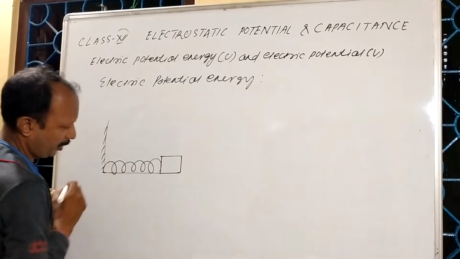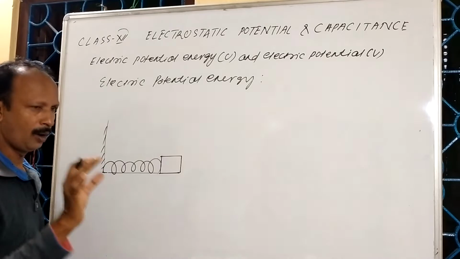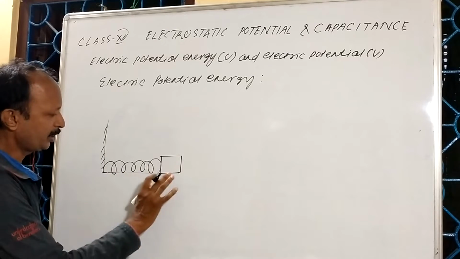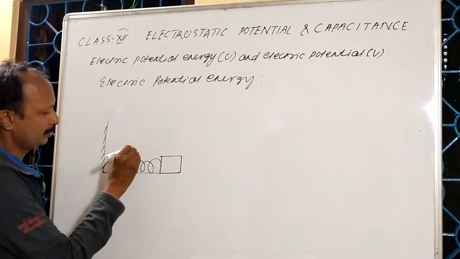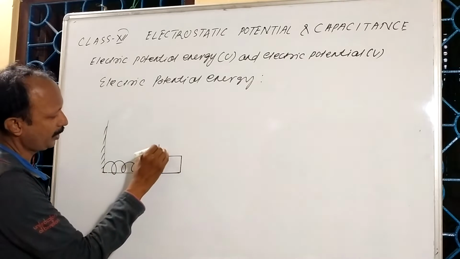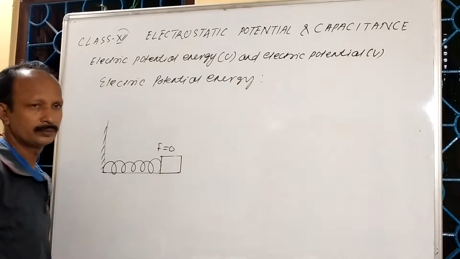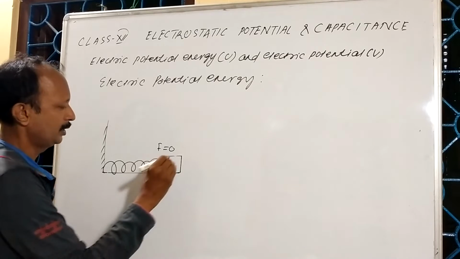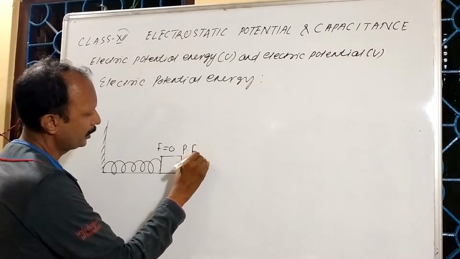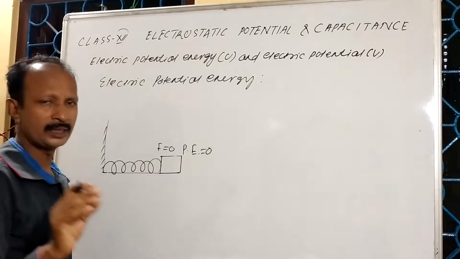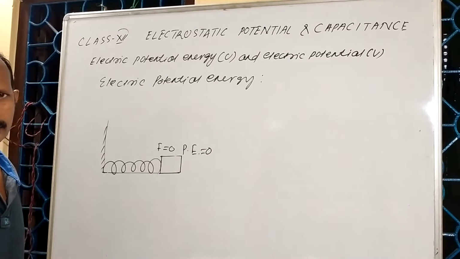Think that it's a wooden block. Now this is in the equilibrium position. Here in this case the force applied is 0. At the same time the potential energy stored here is also equal to 0.